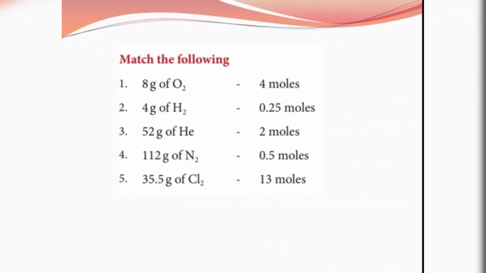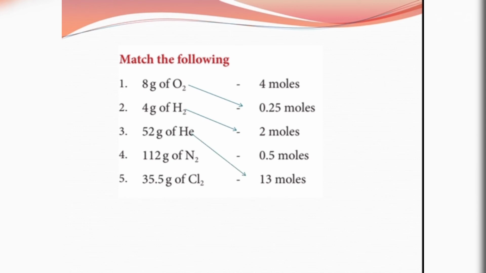So, match the following. Number of moles of 8 gram of oxygen is 0.25 moles. Formula: given mass divided by molecular mass. Next one, number of moles of 4 gram of hydrogen equals 2 moles.